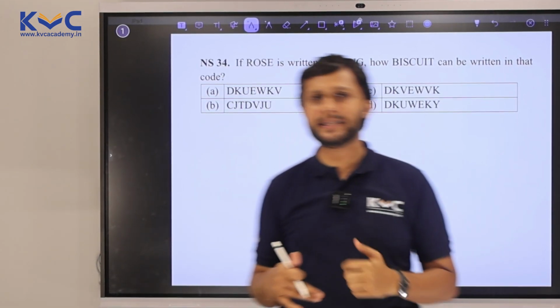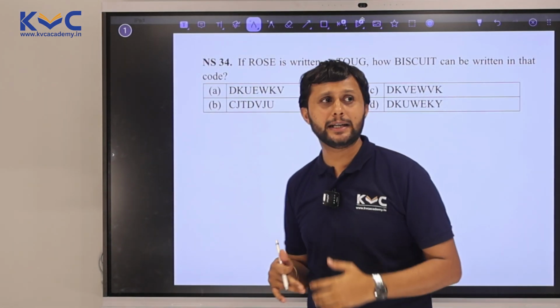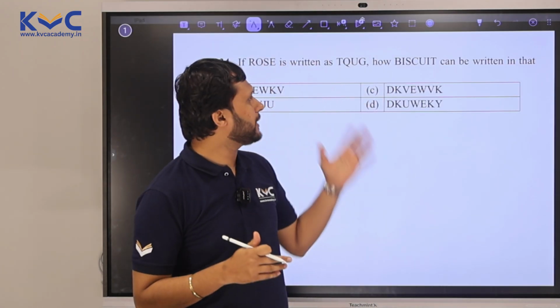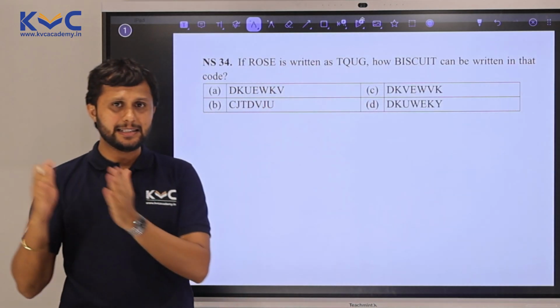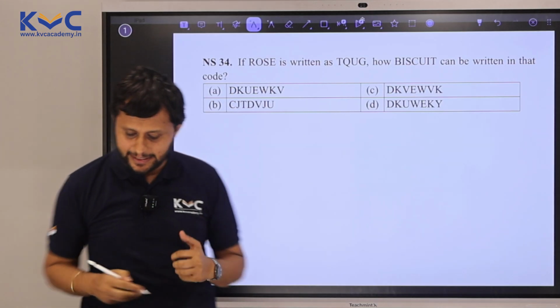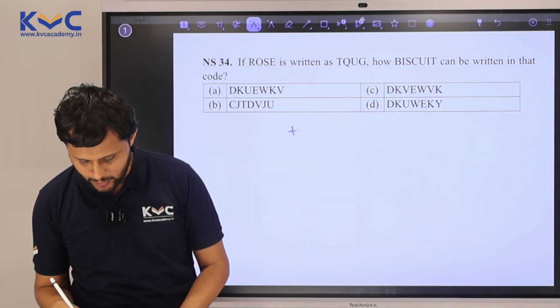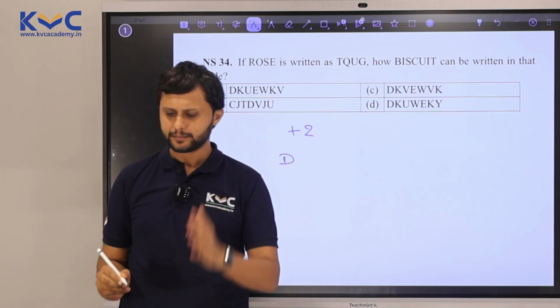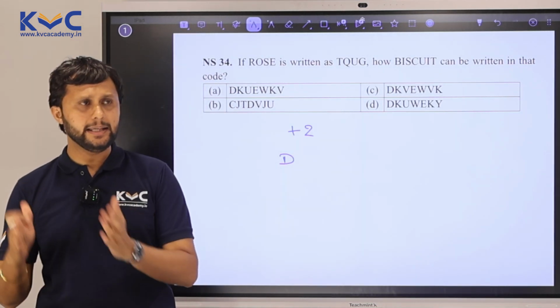If you consider biscuit, we'll take 2 letters after the letters of the word biscuit. What comes after B? C, D. So we have to start with D, plus 2 letters. B gives D.